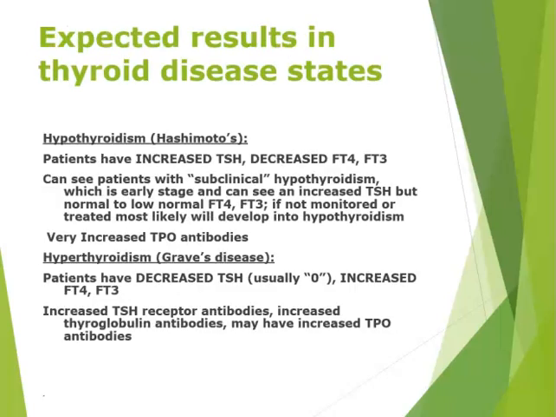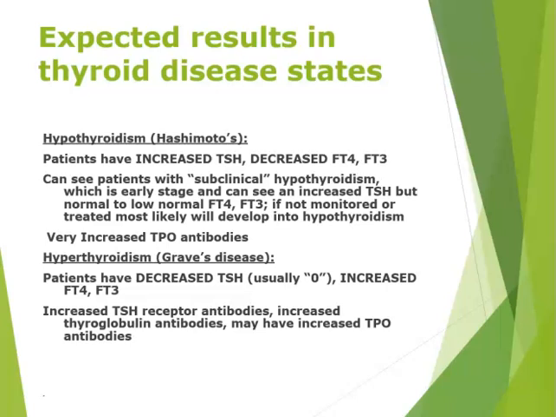So what are the expected results of thyroid disease states? Let's first talk about hypothyroidism or Hashimoto's disease. Patients will have an increased TSH and a decreased T4 and T3.